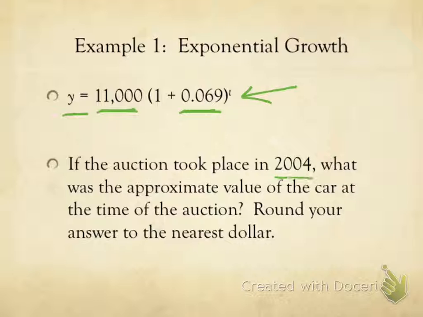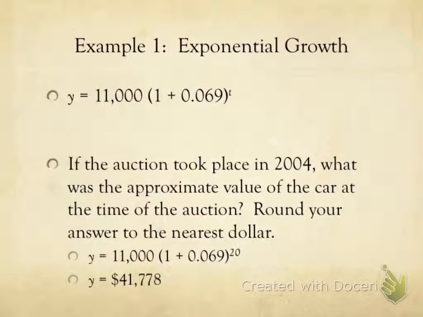So if the auction took place in 2004, that would be 20 years since 1984 when he bought the car. So we can now plug 20 in for the t value and then work this out on our calculator to find out that the value of the car at the time of the auction is about $41,778.